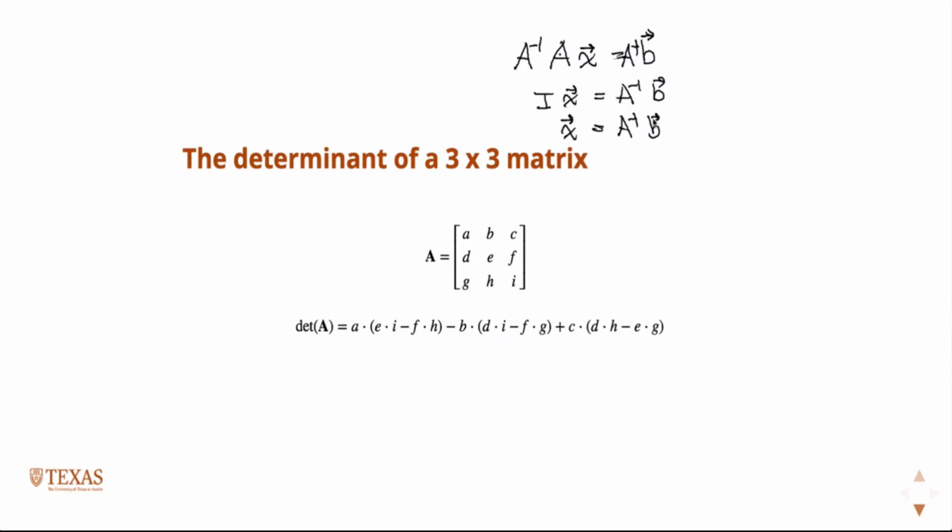If the determinant is what, the matrix is singular? Anybody know? If the determinant equals 0, so a matrix is singular if its determinant is 0. In other words, if the determinant of a matrix is 0, it doesn't have an inverse, and therefore this system of equations doesn't have a solution.